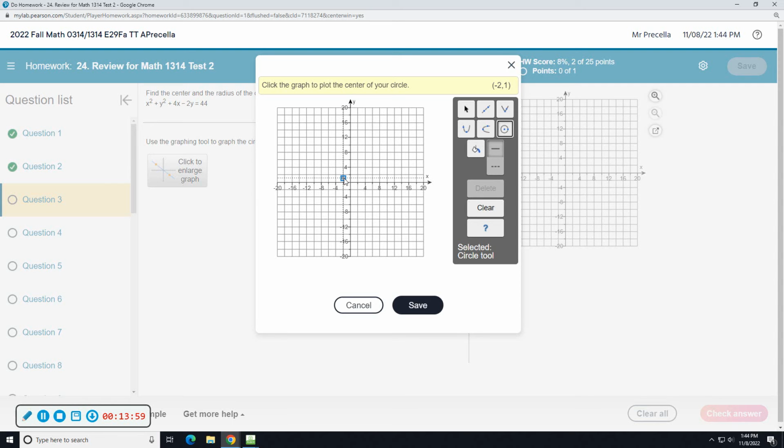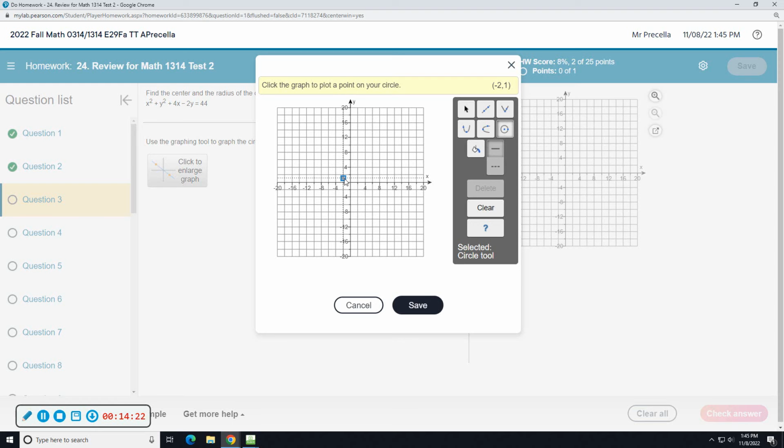Notice they're incrementing in units of 2. Each one of those cross lines is a unit of 2. So look up there in the upper right-hand corner, where it's showing the coordinates, to make sure you've got the cursor at the correct spot for the center, negative 2, 1. And then our radius is 7.